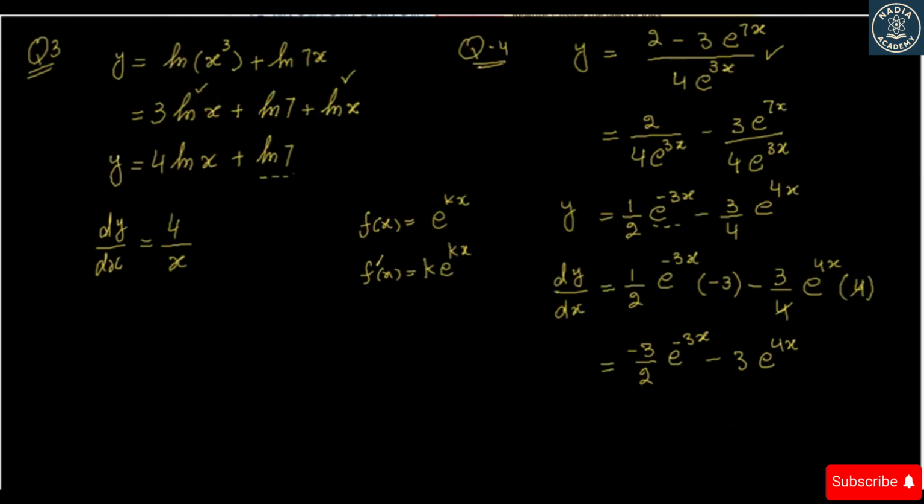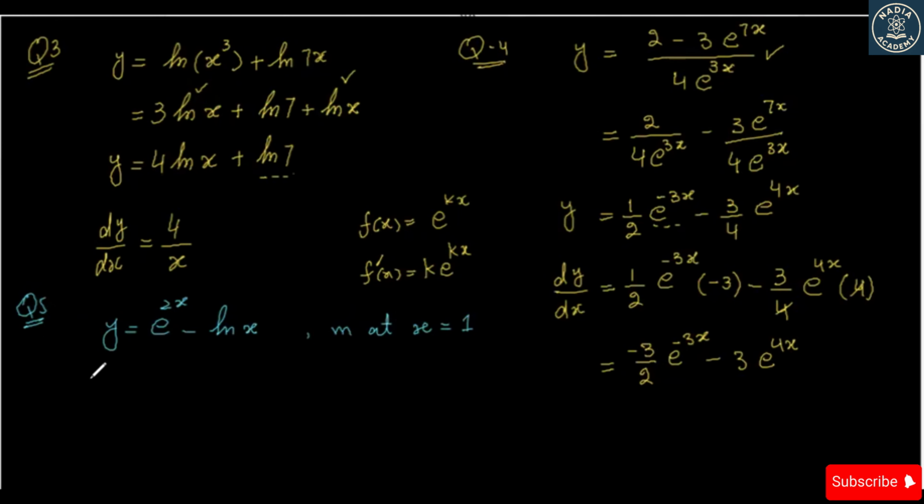Now, here we take one more question, question number 5. For example, we have a function y is equal to e power 2x minus natural log of x, and we need to find the gradient m at x is equal to 1.